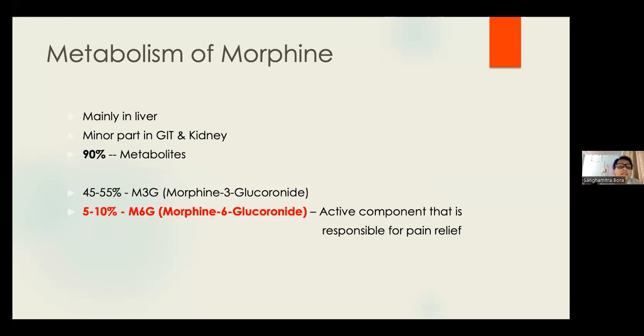90% of these metabolites are formed in the liver, because the liver is the main site of metabolism. Of these, the metabolite called morphine-3 glucuronide is the most abundant one, but it doesn't have any action. The most important metabolite, which is responsible for pain relief, is only 5 to 10%, which is M6G or morphine-6 glucuronide.